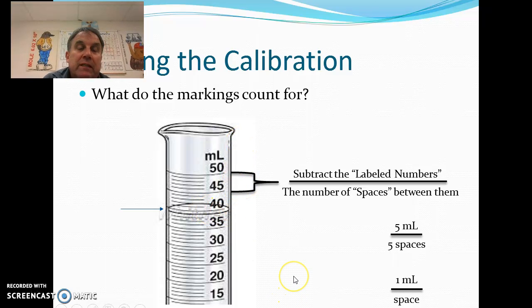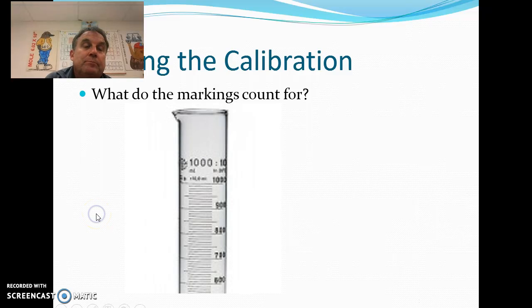Remember to estimate one digit. So this is 35, this is 40, so that would be 39, and since it's right on the line, we would say 39.0. Right off, you should be able to tell me how many sig digs are in this measurement. 1, 2 that we can see for sure, and then we're estimating, so there would be 3.